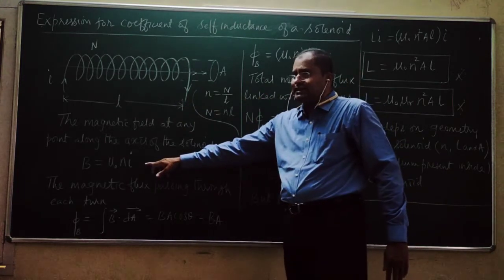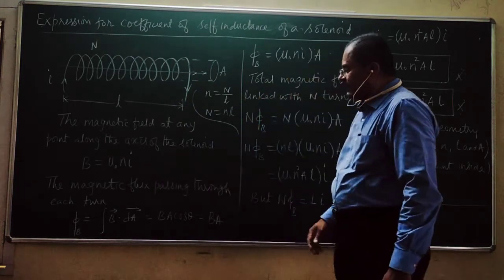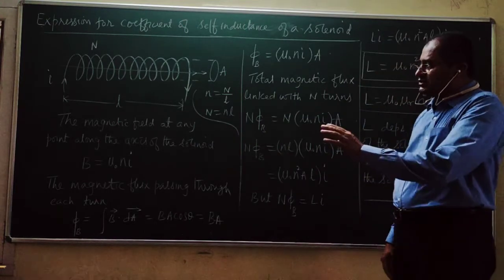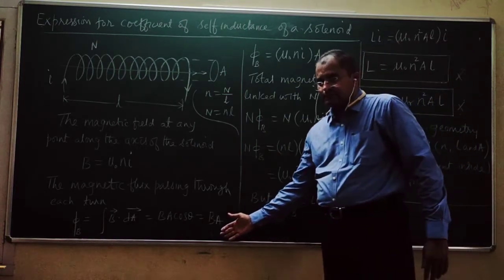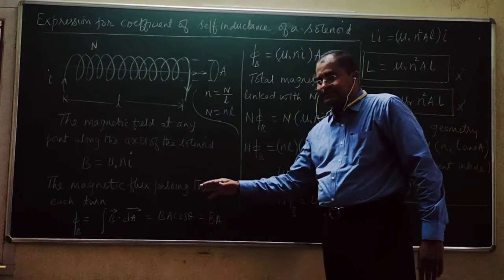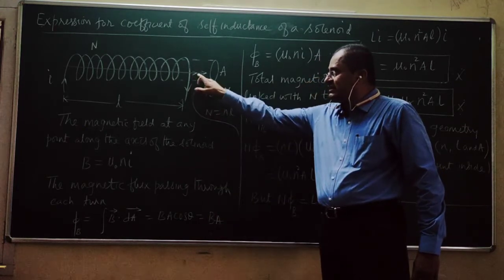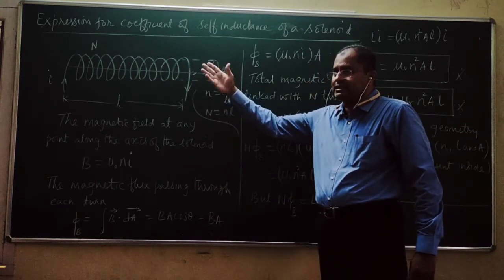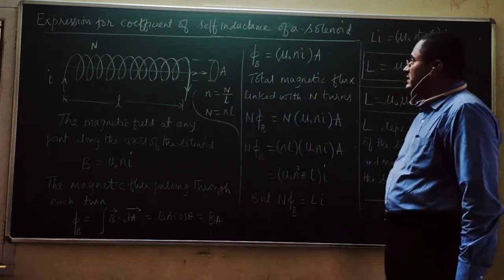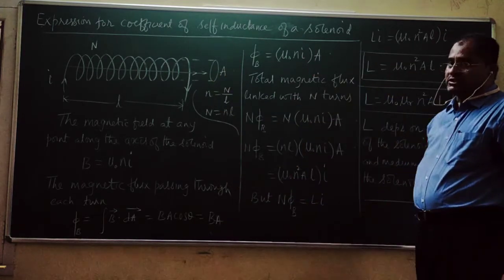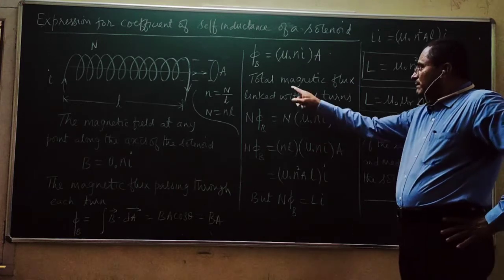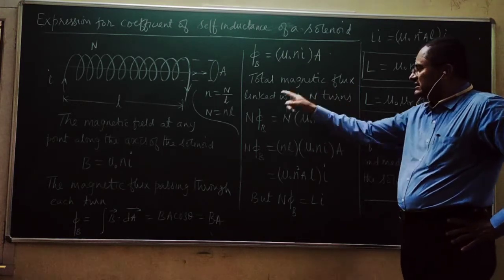The magnetic field acting along the axis of the solenoid is this much. Magnetic flux passing through each turn is BA cos theta, theta being 0. This is the A vector, this is the B vector, both are parallel, theta 0, cos 0 is 1, therefore BA. In the place of B, I substitute for B. Magnetic flux linked with N turns, multiply by N.